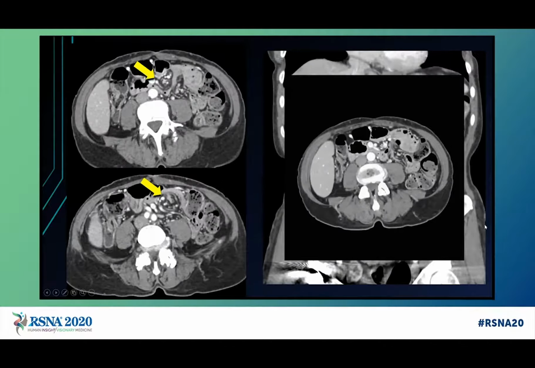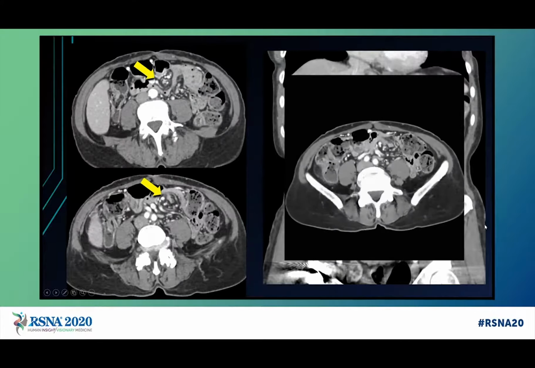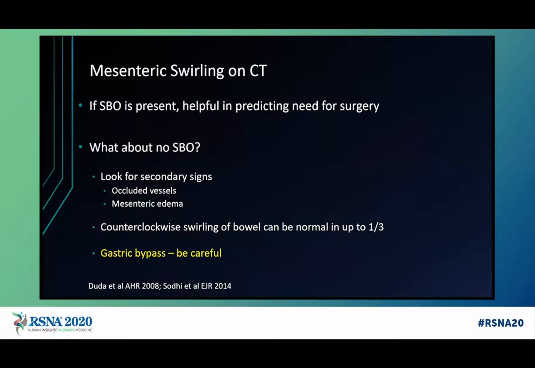What do we do with a patient like this who has this swirling of the small bowel mesentery but no symptoms? When you see mesenteric swirling on CT, it is helpful when there's small bowel obstruction because it could be helpful predicting the need for surgery. But in the case of patients without a small bowel obstruction, you should look for secondary signs such as occluded vessels and mesenteric edema.